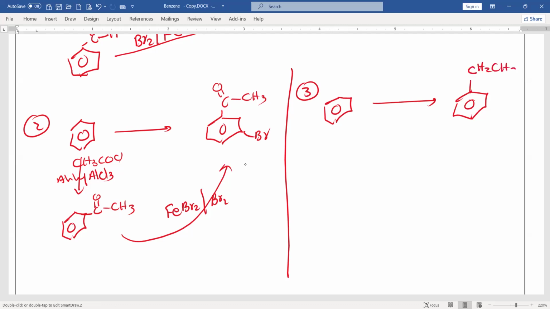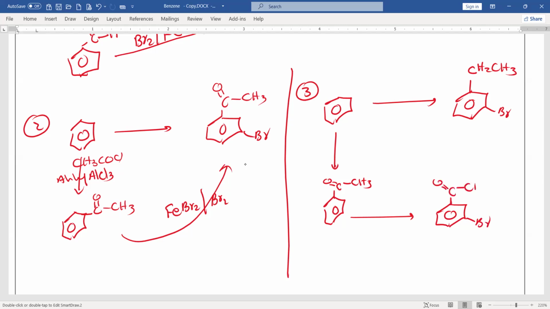CH2CH3 and Br here. First, you can add the same thing as earlier to this. Now, this is a meta director. You can add Br to this, then Br will direct to the meta position by this group. And then you can remove this by adding Clemmensen reagent, Zn-Hg concentrated.